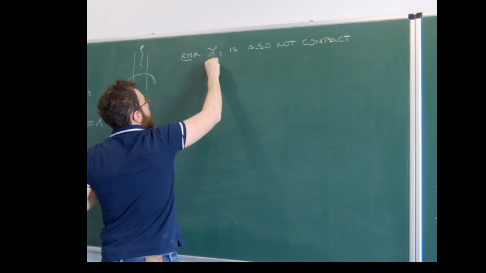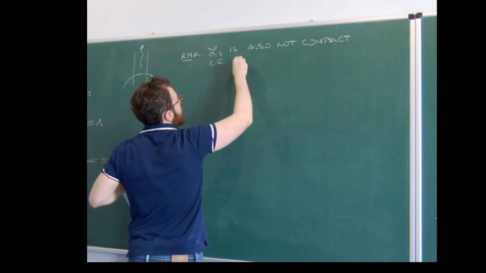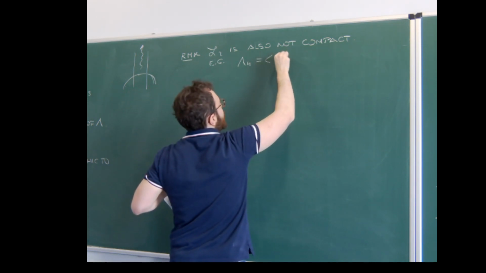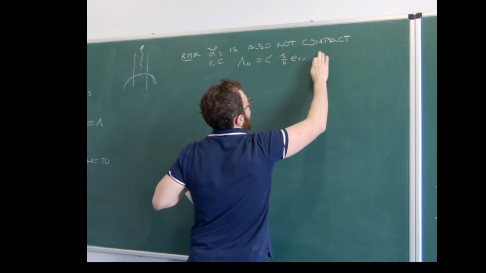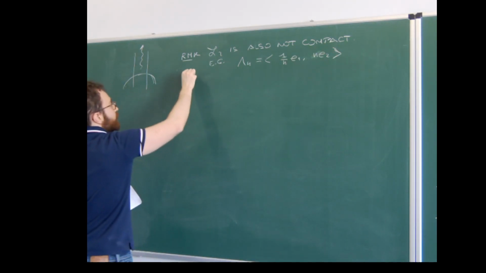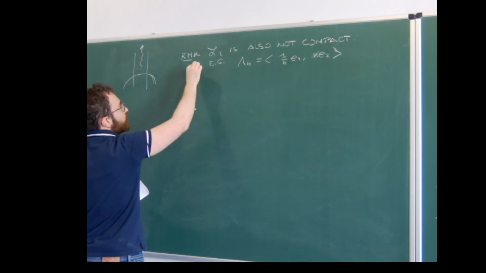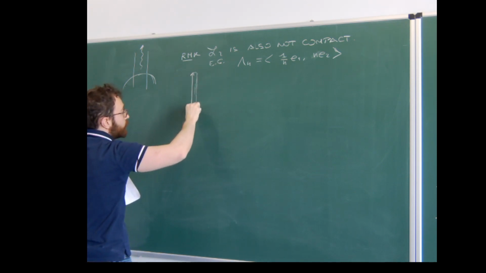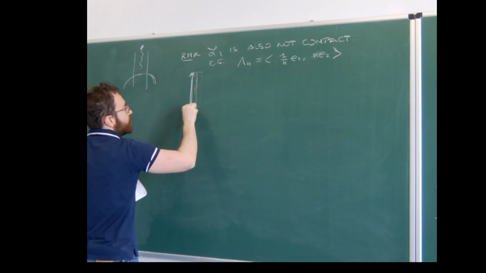For example, take the sequence of bases. Take lambda n, the lattice generated by 1 over n e1 and n e2. What's this lattice? It is generated by a really long vector here and a really short vector here.